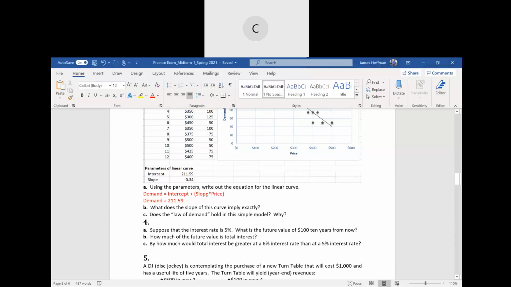Okay, so we're plugging in the intercept of 211.59, and then the slope is negative 0.34, so it's minus.